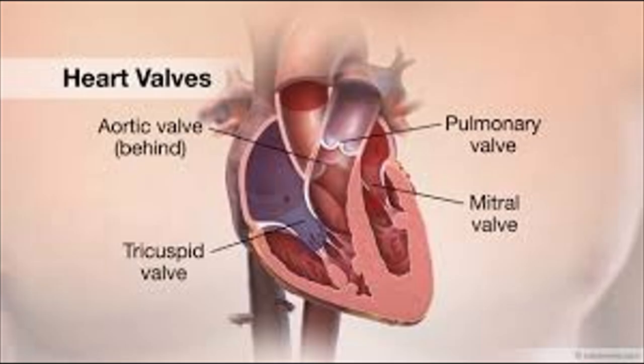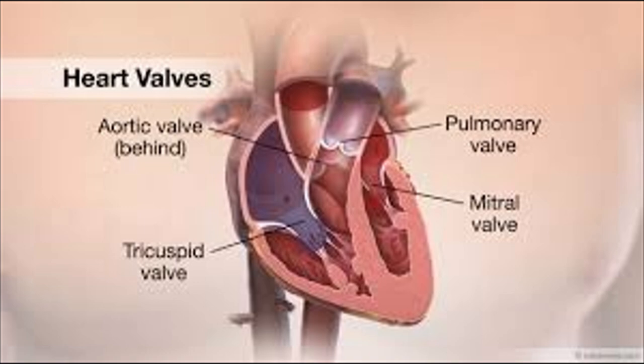When the left ventricle contracts, it pushes the blood out, forcing the aortic valve to open up and allowing the full flow of oxygen-rich blood to enter the aorta. That's the opening function of it. And while closing, the ventricle relaxes.